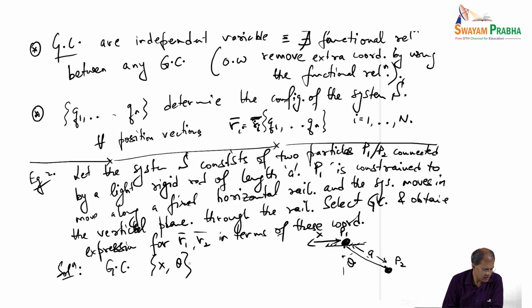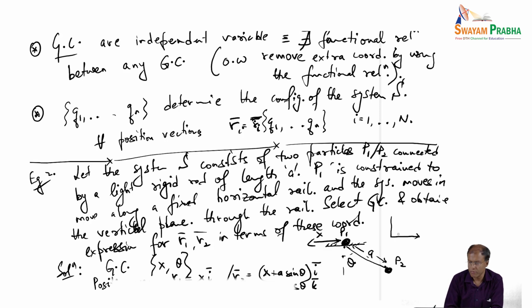So these are my generalized coordinates, and if I were to write the position vectors, then for r1 this is x of I, and for r2 this is going to be x plus a times sine theta of I, minus a cos theta of k, where I must set up my frame of reference.